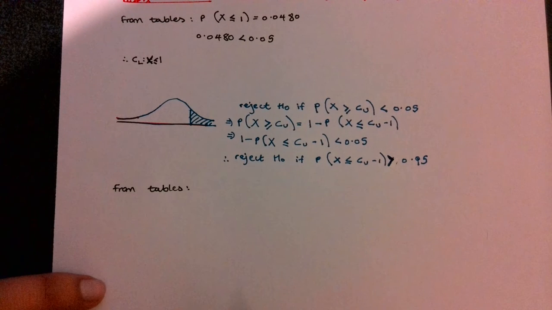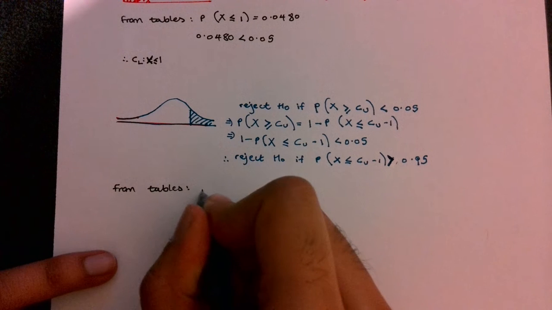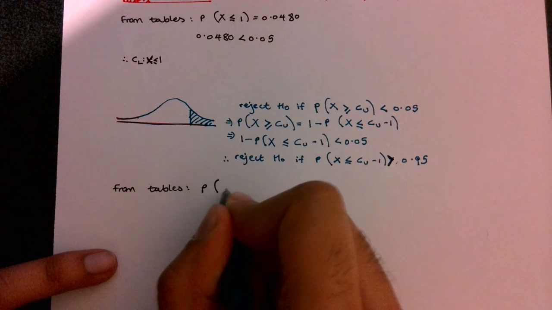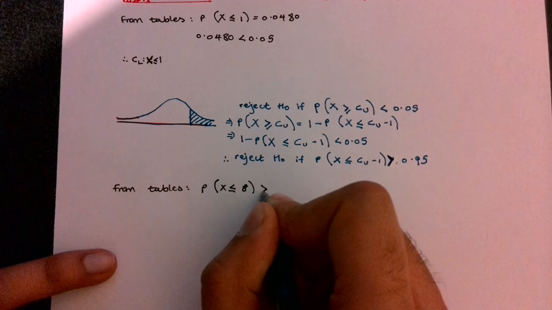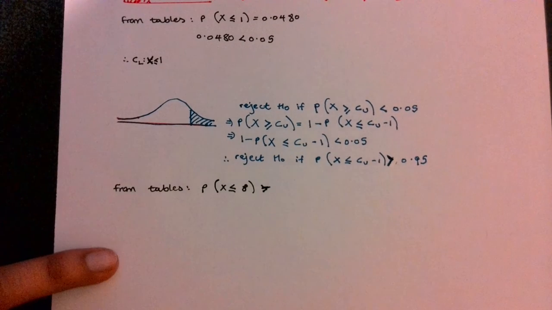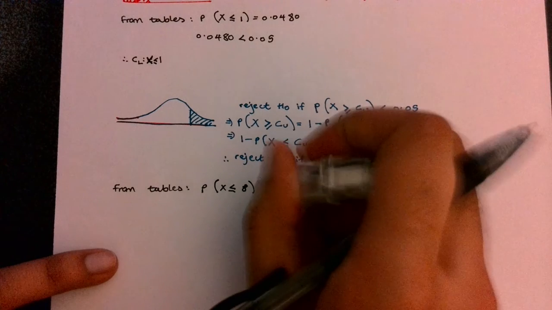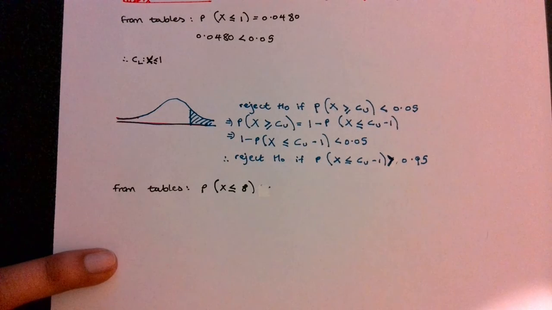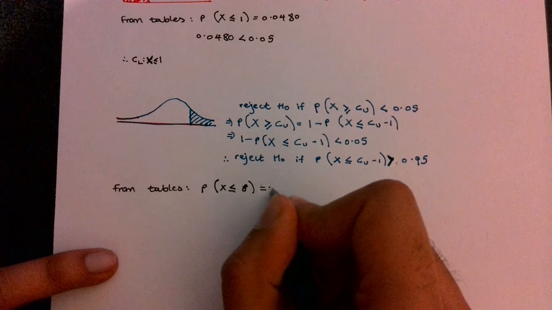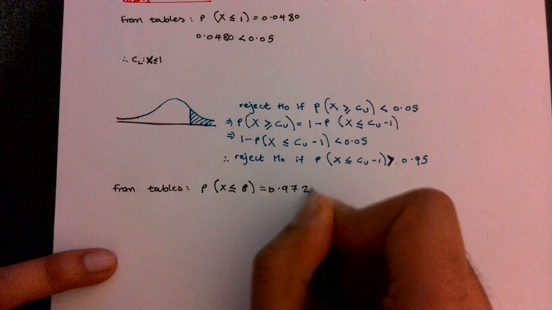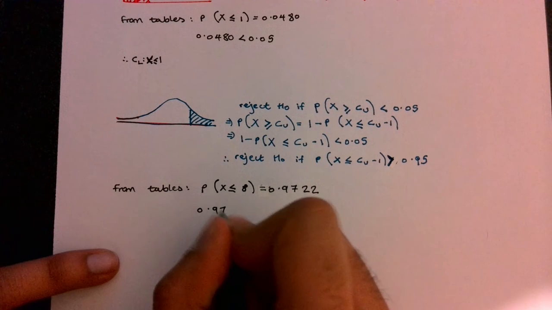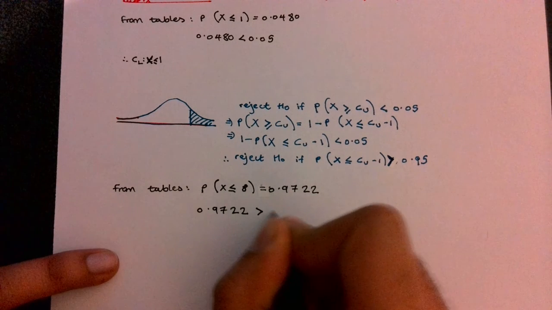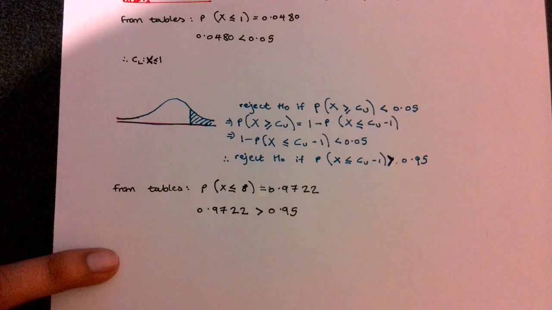Okay, so from the tables we see that the probability that x is less than or equal to 8, let's make use of this typing again, equals 0.9722. And what we see is that this 0.9722 is greater than the 0.95.